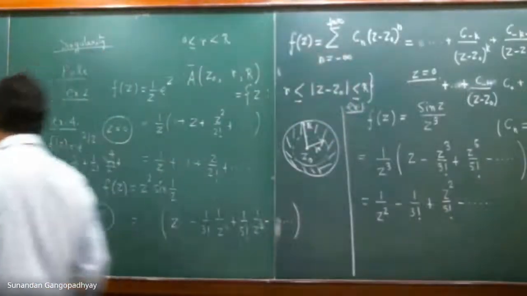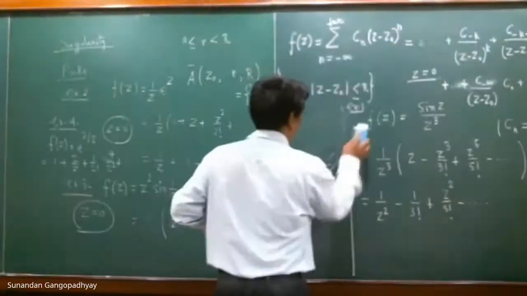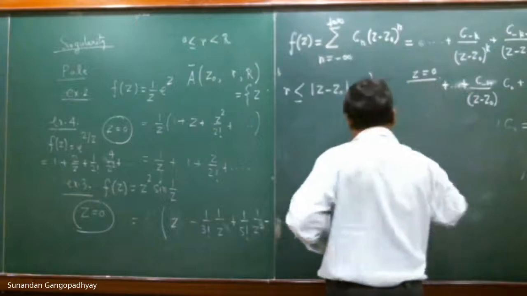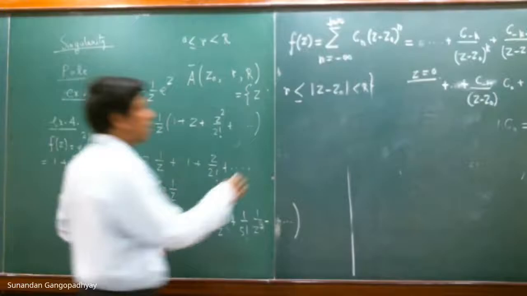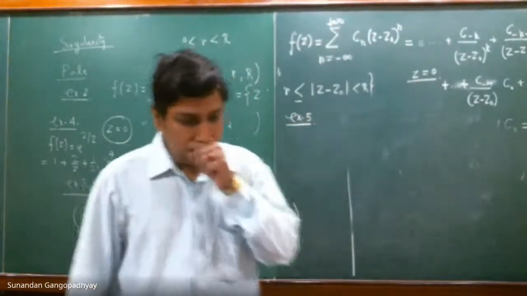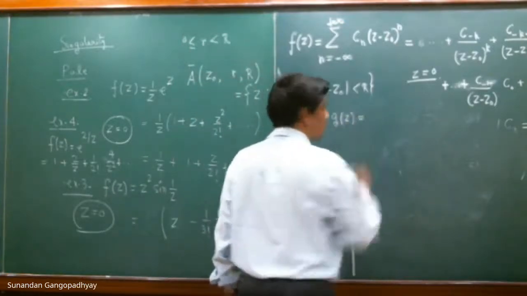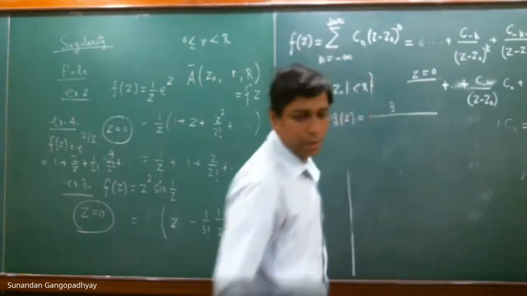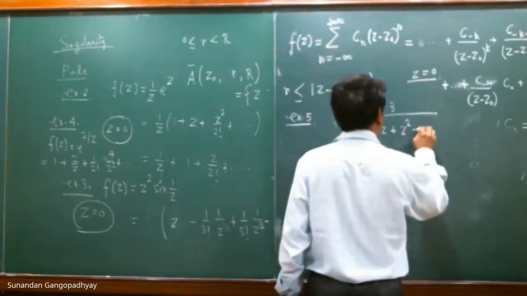Let us take another example, a simple example, and investigate the pole structure of that function. So this is example 5. Let me take g(z) is equal to 3 divided by 2z plus z squared minus z cube.